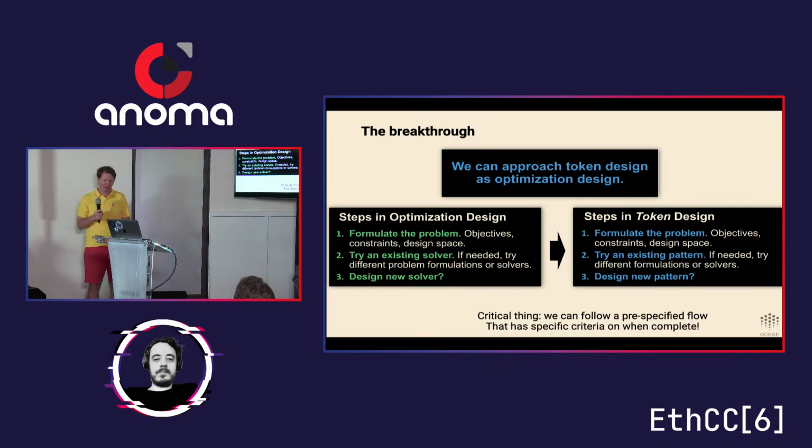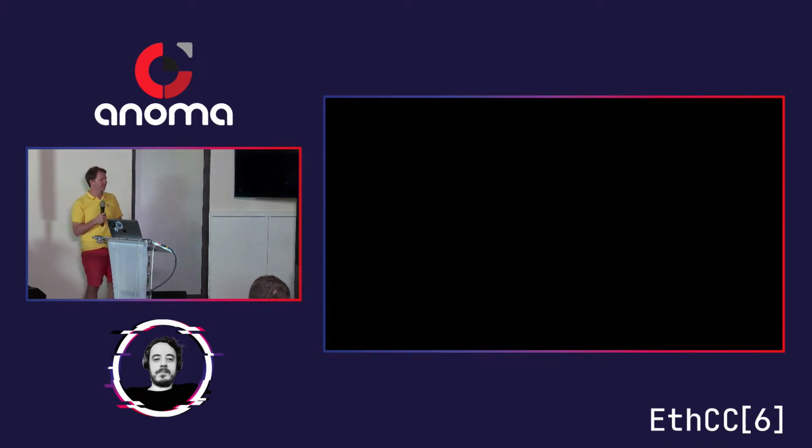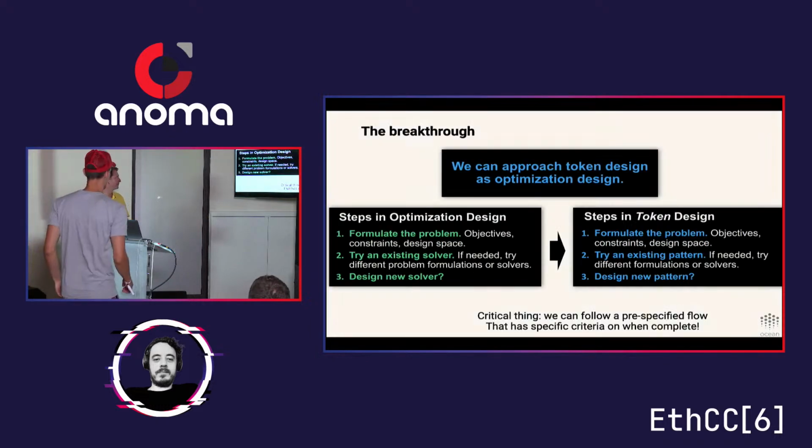I like to say 10x developers think faster, 100x developers import, right? So if you can use something off the shelf, you should. Just go and do it. It's the same case for optimization design when you're building an optimizer or an AI system.